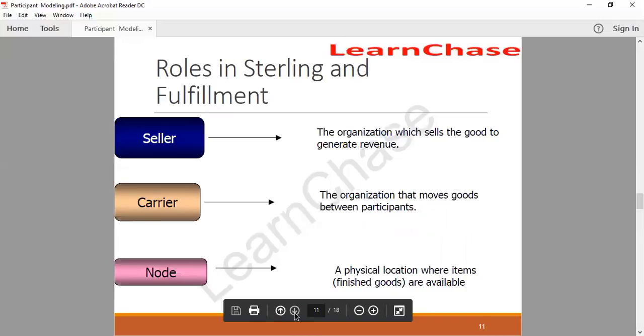The node is the place from where we distribute, the warehouse from where we distribute. So these are the forms which Sterling absorbs, which Sterling takes in, and these are to be defined before you actually start working on the software.